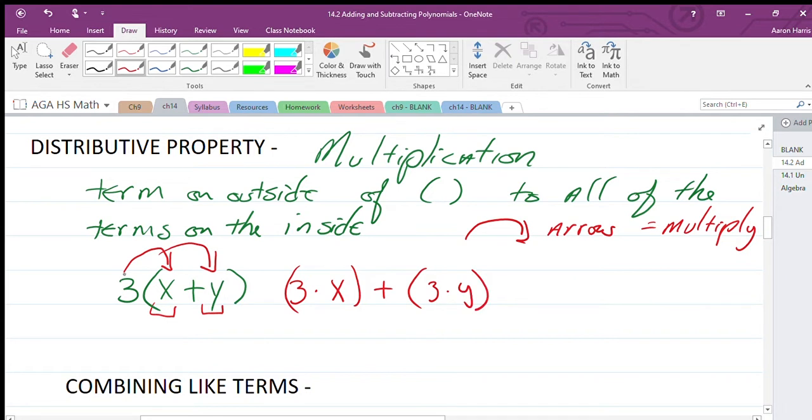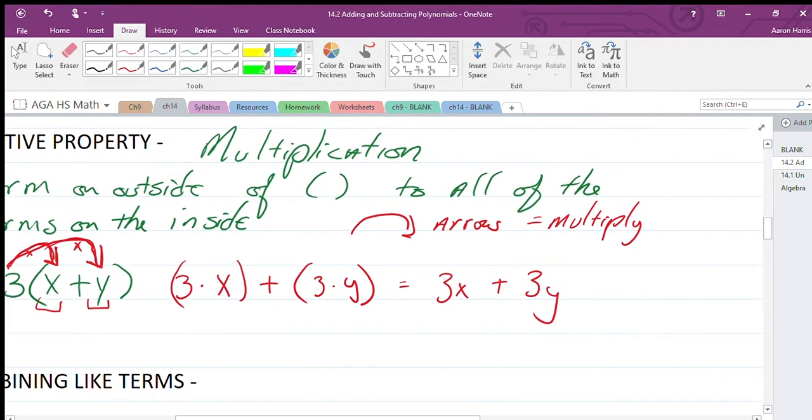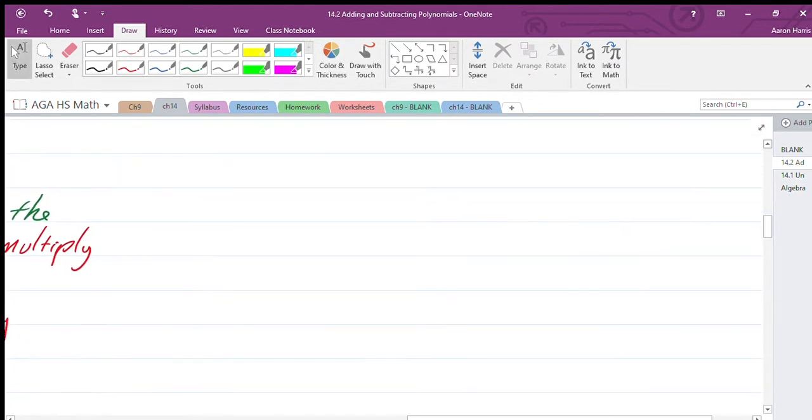Because of this arrow. 3 times x, that's what the arrow means. 3 times y. Does that make sense? So that's how simple it is. And now that we have this, we're able to just do it. 3 times x is what? 3x. What's 3 times y? 3y.